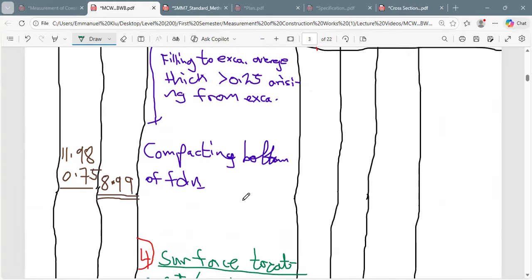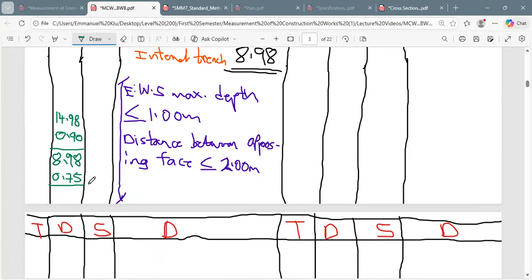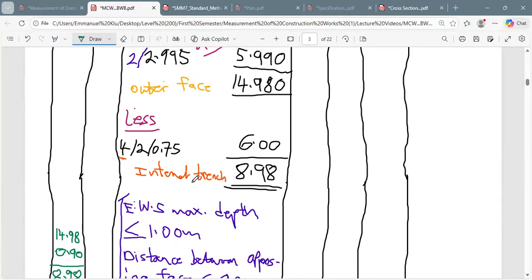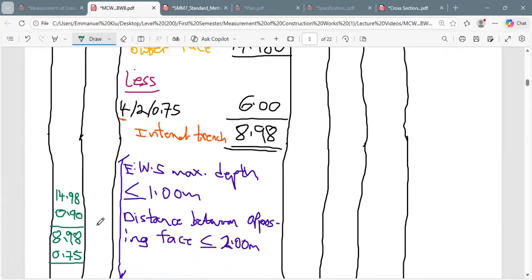Divided by 1000 to get the answer you are seeing over there. Okay, so let's quickly square and provide the answer, and let's go. We are far behind time. So this is going to give us the first one, 13.48.